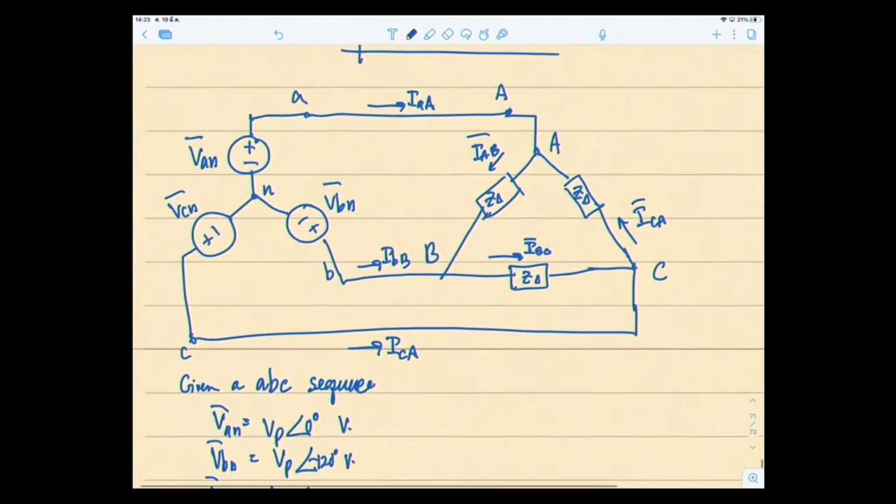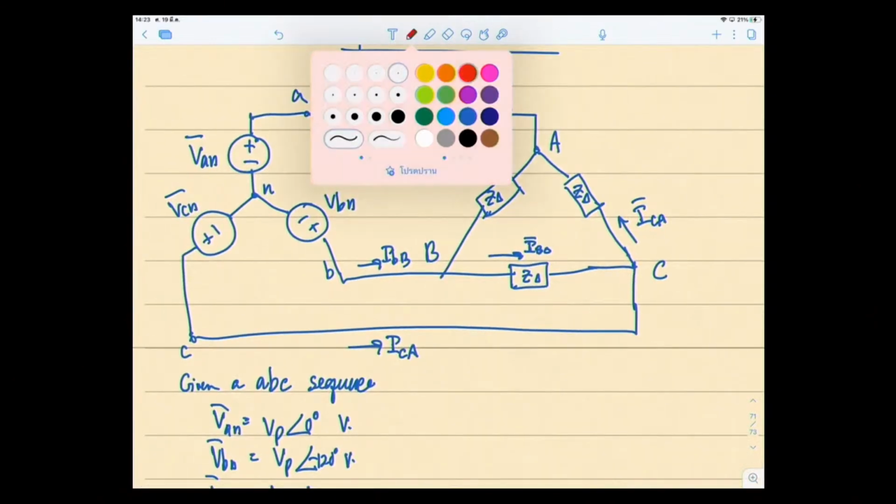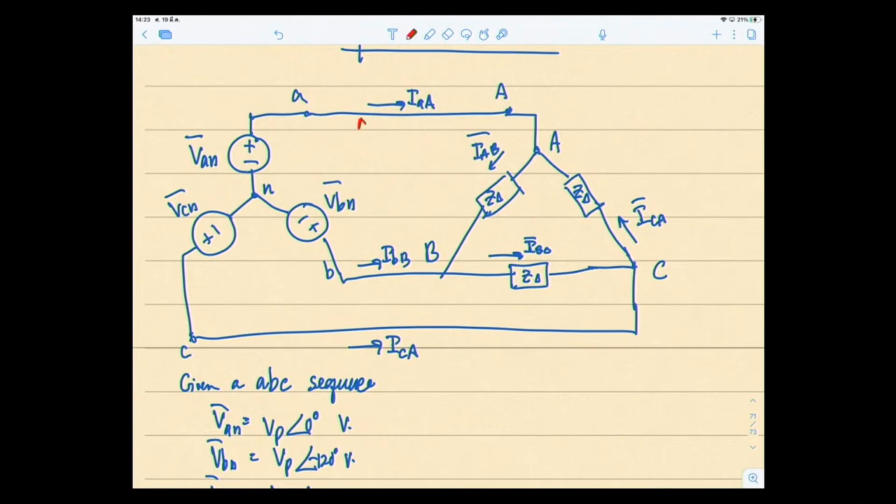Okay, of course the line voltage is between line A and line B, so this, VAB, VBC, and VCA.